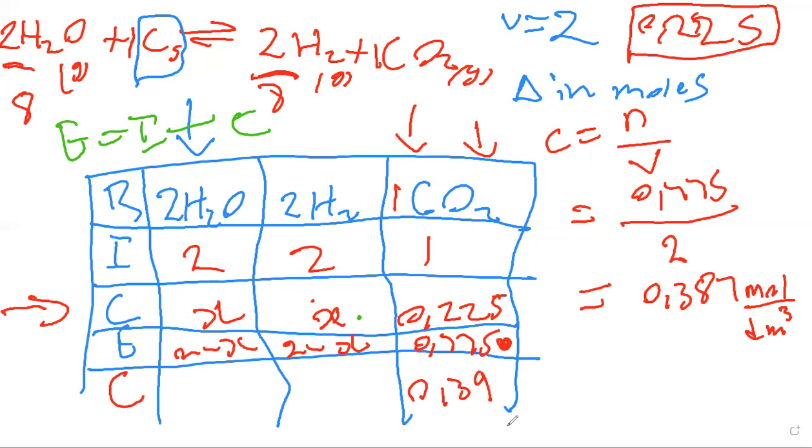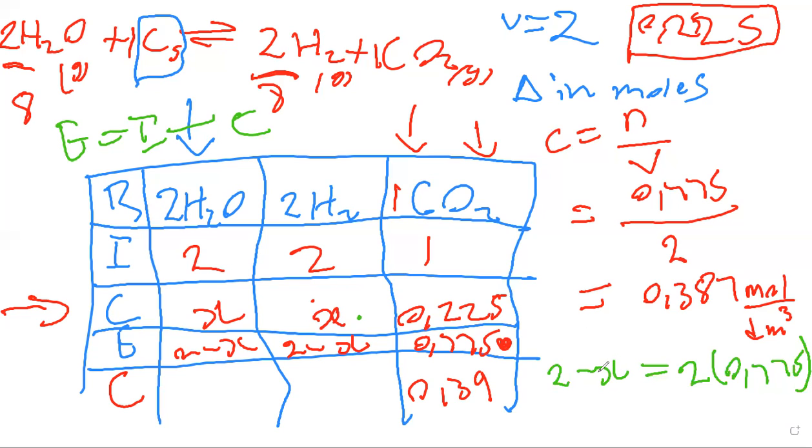You can say, let me write with a different color, 2 minus x is equal to 0.775. 1 is half of 2, so 1 is equal to 2, you multiply it by 2.